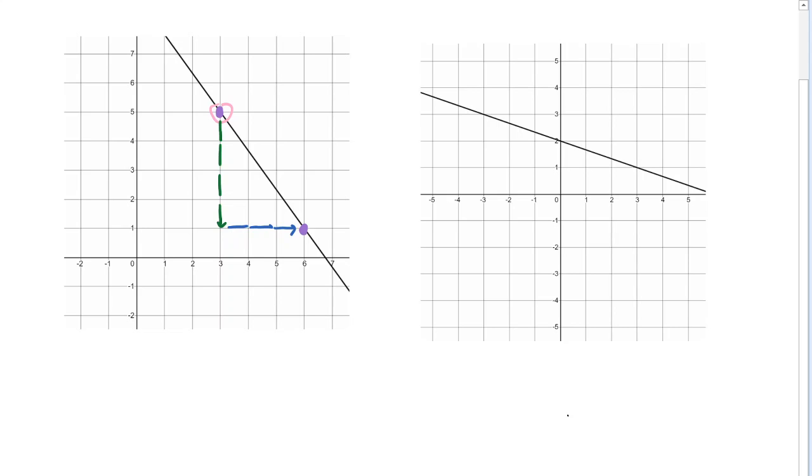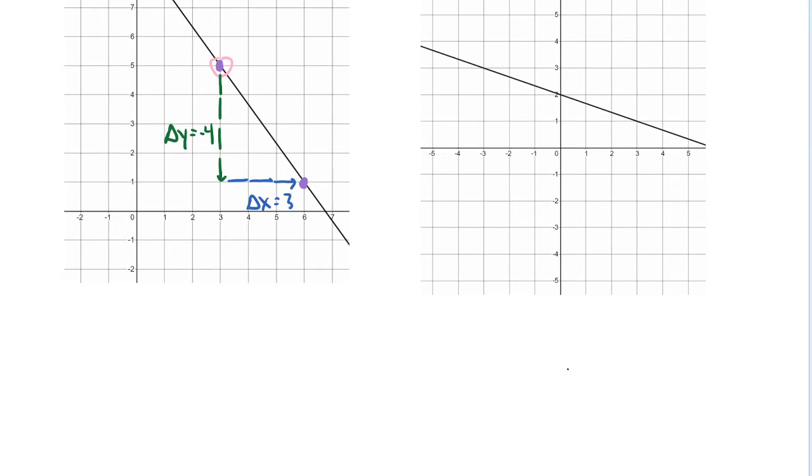Right? So this is delta x is equal to 3, delta y is equal to -4. And so the slope of this line is equal to change in y divided by change in x, -4 over 3.